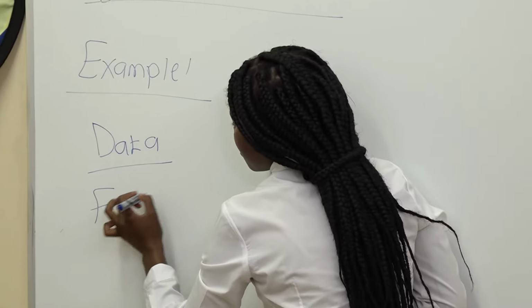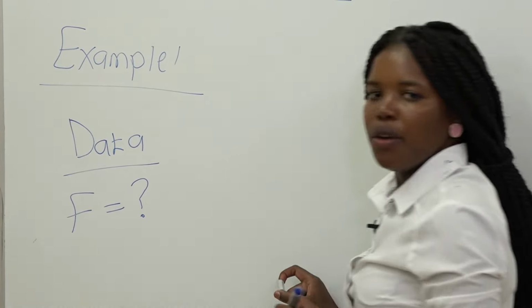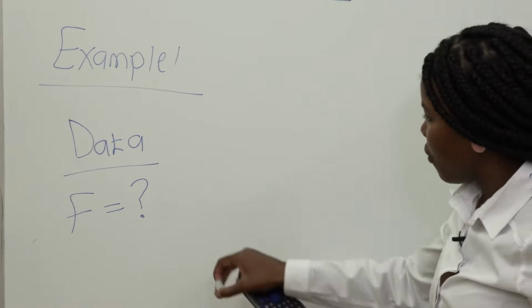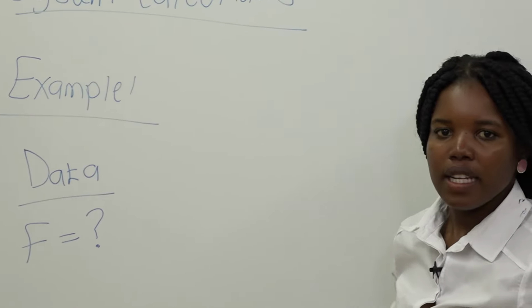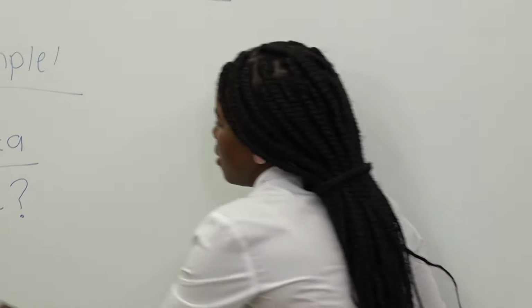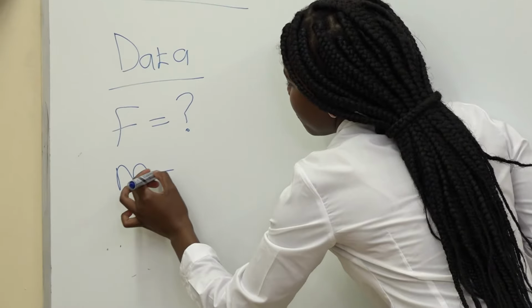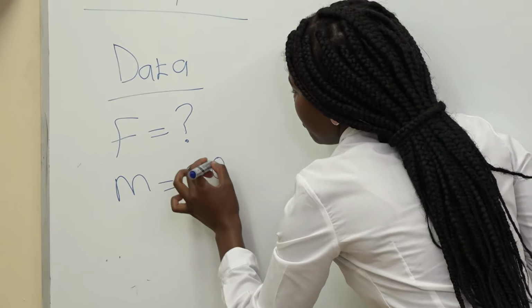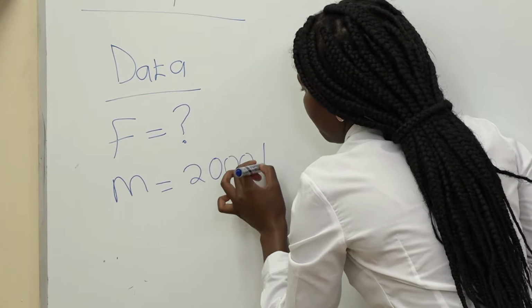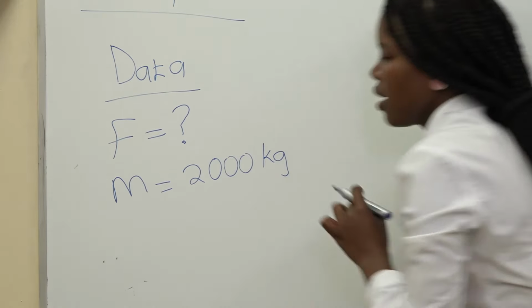Our force is the unknown, or our force is what we're looking for, and we are given our mass, m, to be equal to 2,000 kg.